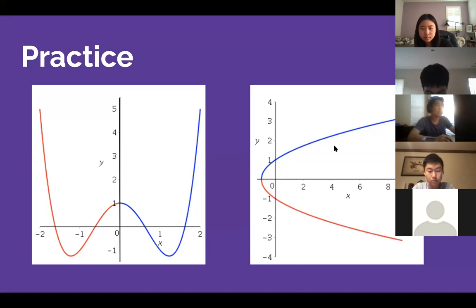Now, for this second figure, it's about the x-axis. So this is x-axis symmetry because for every x value you have another corresponding x value, but with a negative y value. That's how you know if a specific graph is y-axis or x-axis symmetry.